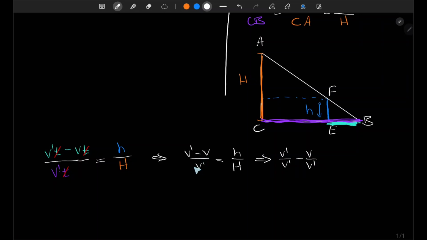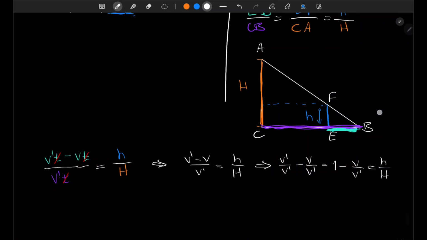I just factored out a fraction, but that's really equal to 1. V prime over v prime is 1 minus v over v prime, and that's equal to little h over big H.